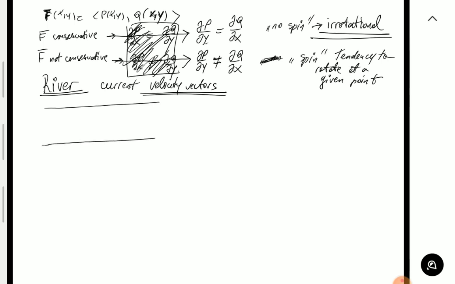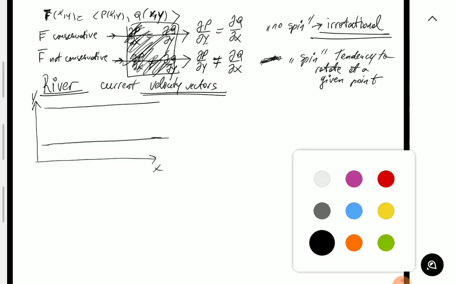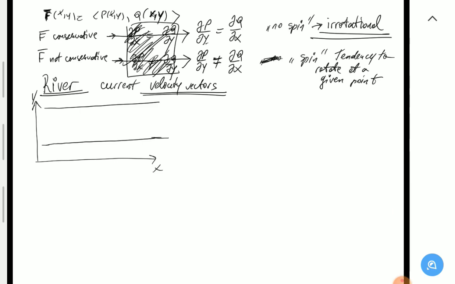But it serves the purpose. So these are the two sides of the river. And let's say the river is aligned with respect to the x and y-axis like this. And let's use a different color for this piece here. So let's do blue, since we talk about water, right?